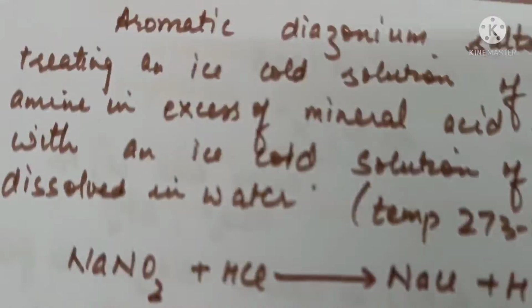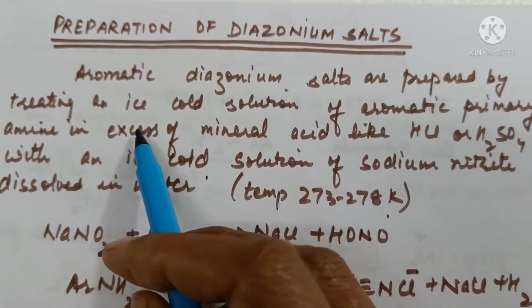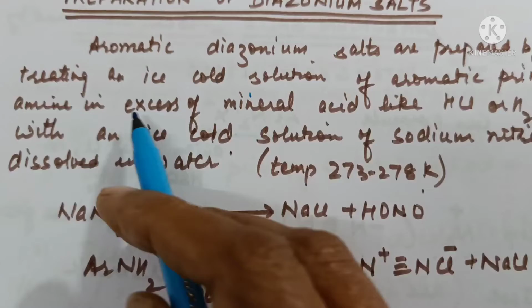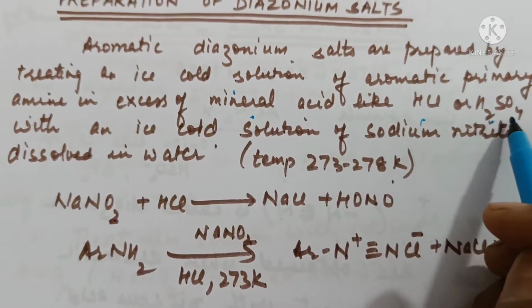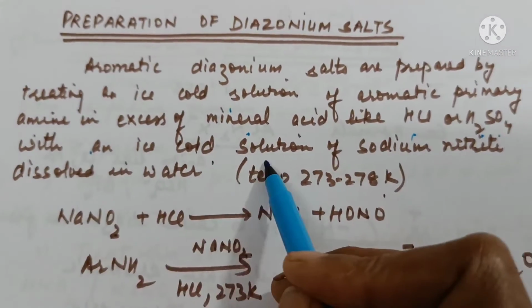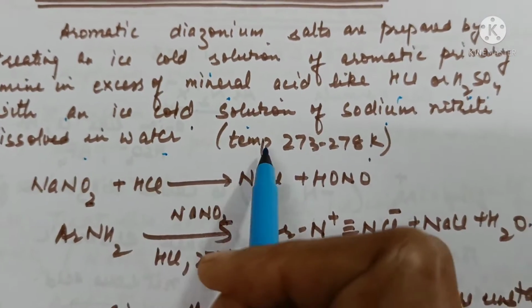Preparation of diazonium salts. Aromatic diazonium salts are prepared by treating an ice-cold solution of aromatic primary amines in excess of mineral acid like HCl or sulfuric acid with an ice-cold solution of sodium nitrite dissolved in water.